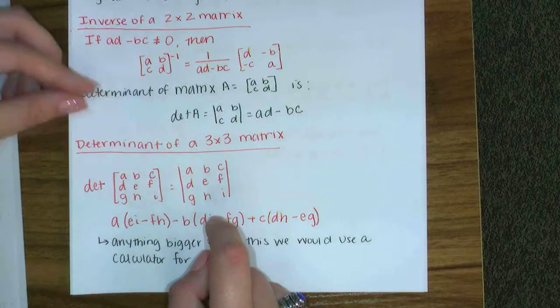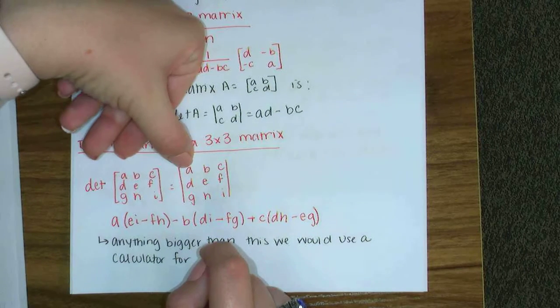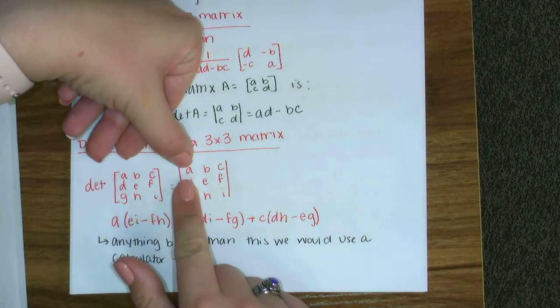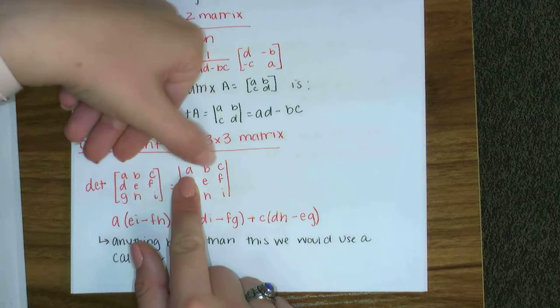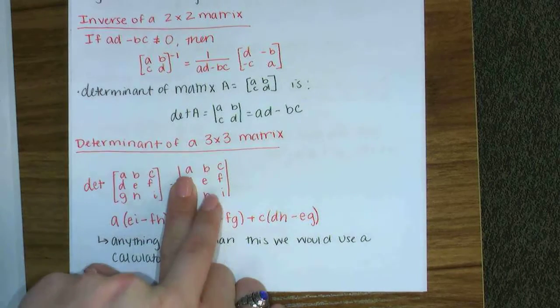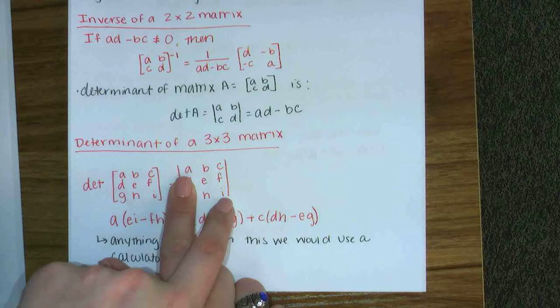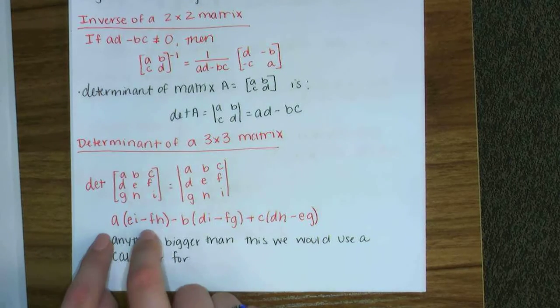We start here with this A, then we close off everything else in that column, and then we take the determinant of this group of 4. It'd be just like up here, EI minus FH. So A times EI minus FH.